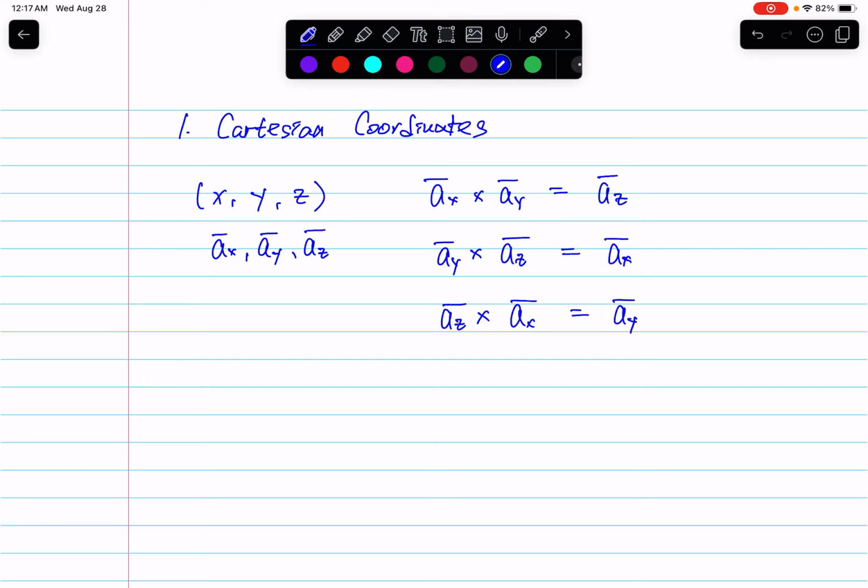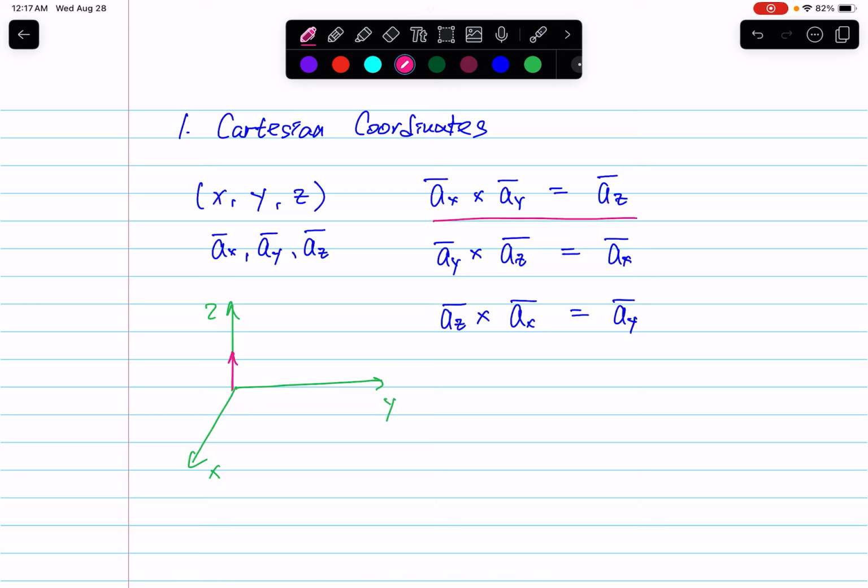Okay, so what I would recommend you do is draw this. Let's just do it together. Let's draw this, and let's call this X, Y, and Z. If you apply the right hand rule, so if you grab from X and end at Y, your thumb will be pointing towards the Z direction. That's why we have this first equation.